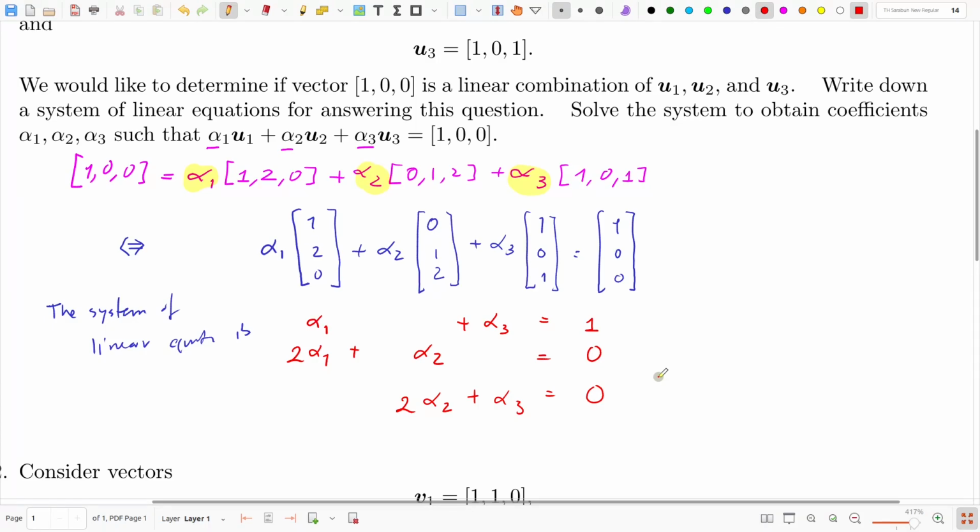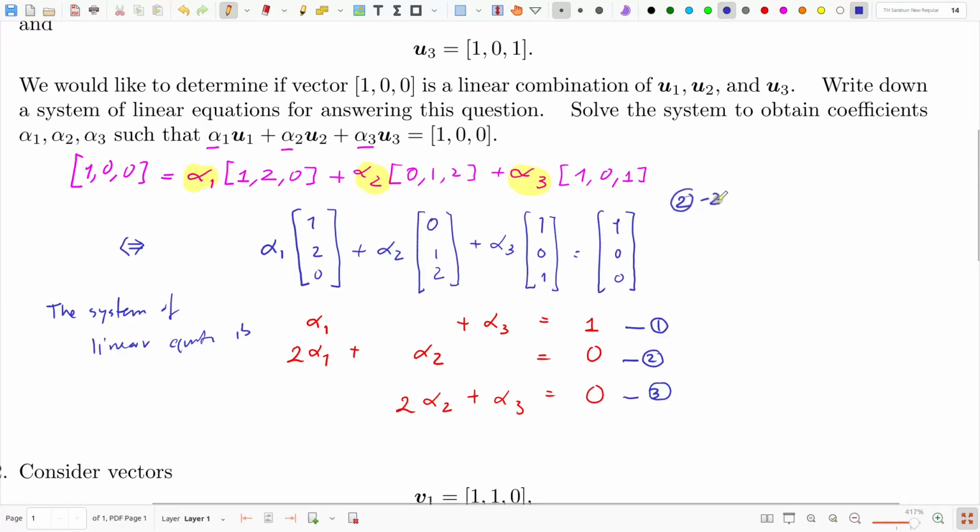So let me try to do that really quickly. Let's call these equations 1, 2, and 3. I need to cancel this out, so basically I just subtract: equation 2 minus 2 times equation 1. Then I get alpha 2 minus 2 alpha 3 equals minus 2, sorry.